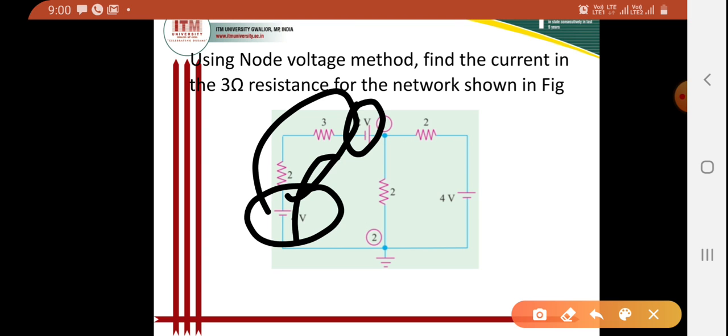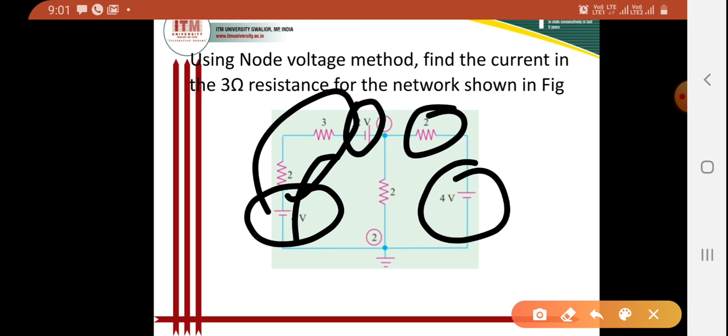So here we have to write minus 4 plus 2, because of two voltage sources. Looking at the figure, the 4 volt and 2 volt batteries give a total voltage of 6 volt, and the series resistance is 2 plus 3, that is 5. So I am writing minus 4 plus 2 by 5. And here the voltage is 4 volt and the resistance is 2 ohm, so 4 by 2.